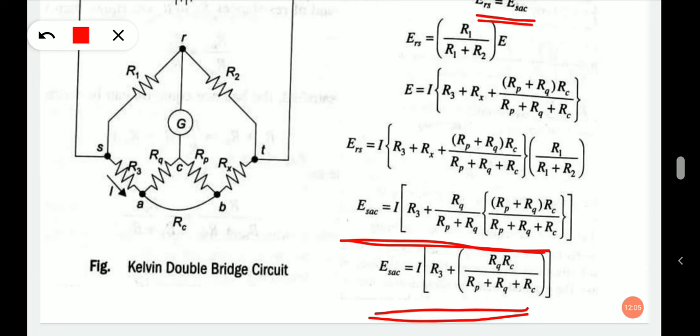So if we equate the equations of ERS and ESAC, we can get the value of the resistor Rx.